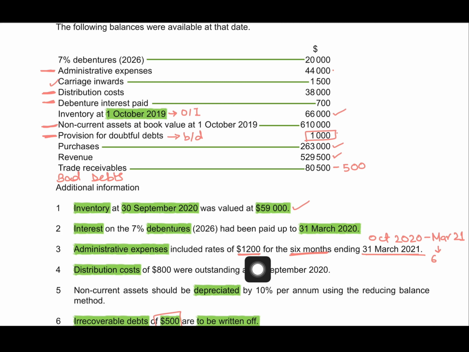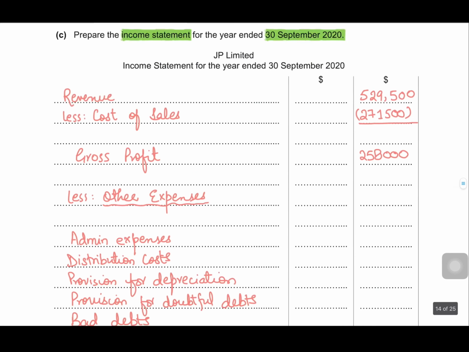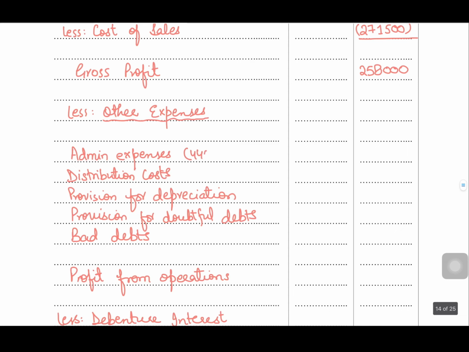These expenses have already been paid, but they belong to next year starting from October 2020. Our year end is 30th September 2020. So, all of this 1,200 should not become part of this 44,000. That is why it should be subtracted from this. It is a prepaid expenditure, it belongs to the next accounting period. So, the admin expenses would be 44,000 less $1,200, and that would be 42,800.